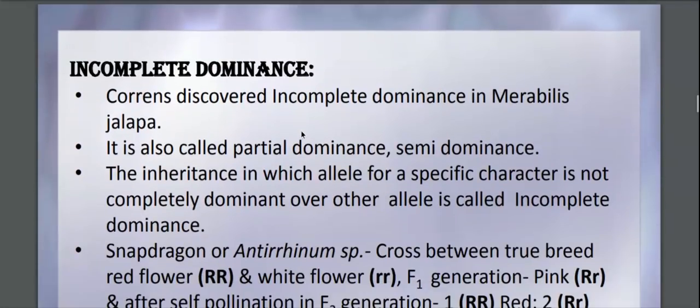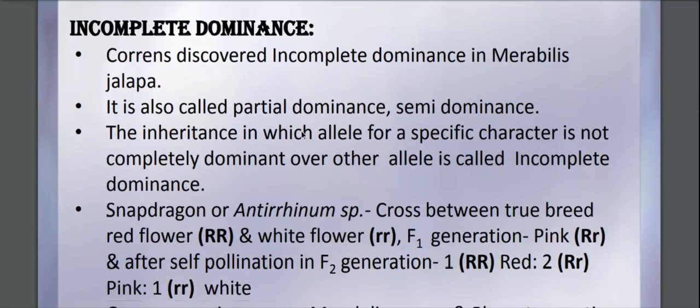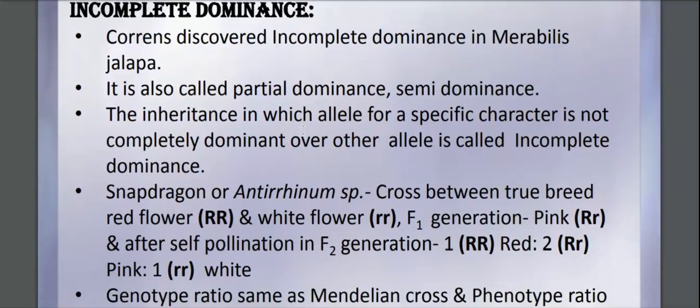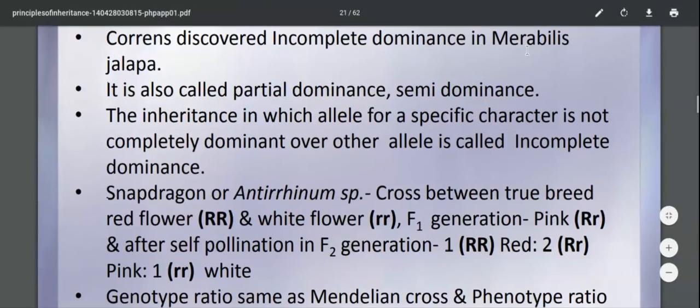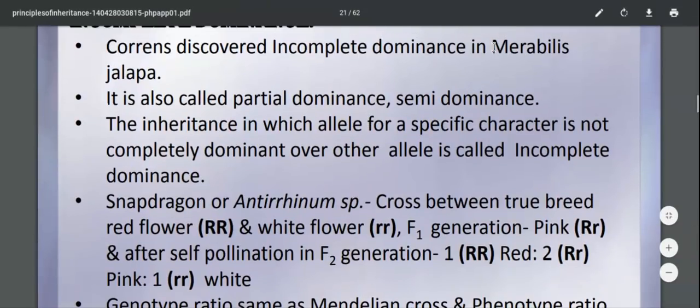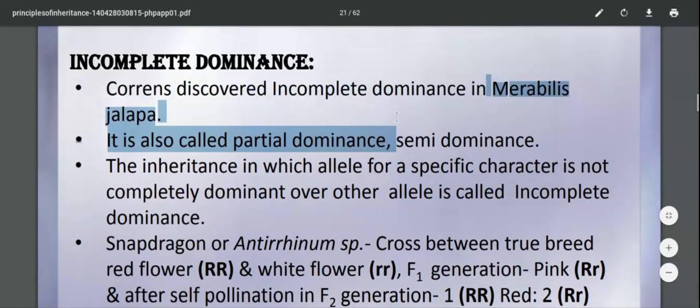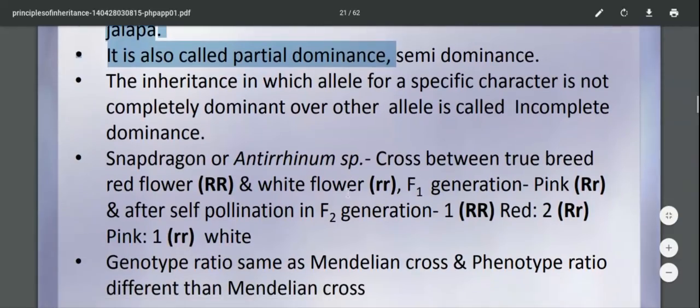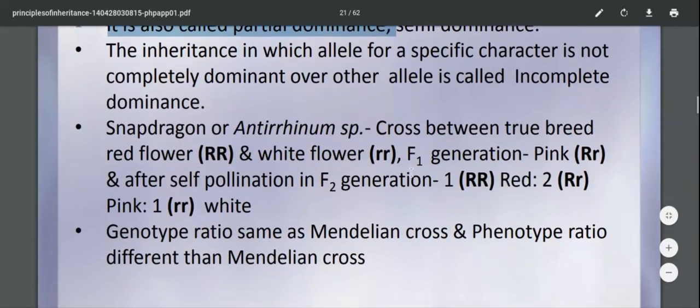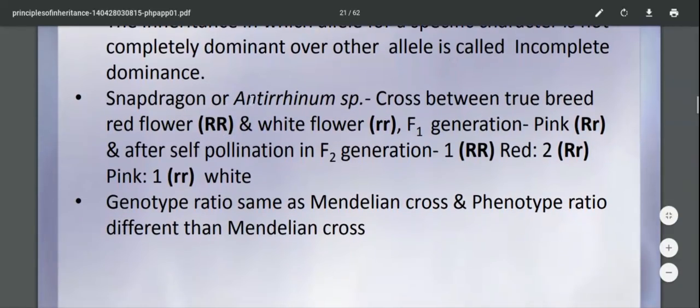Then another thing I'd like to close up with is incomplete dominance, because it is related to a monohybrid cross. Now it was noticed that in this plant called the four o'clock plant or the Mirabilis jalapa plant, there is something called incomplete dominance taking place. It's also seen in Snapdragon.